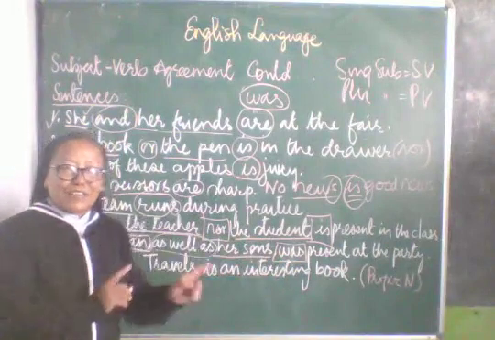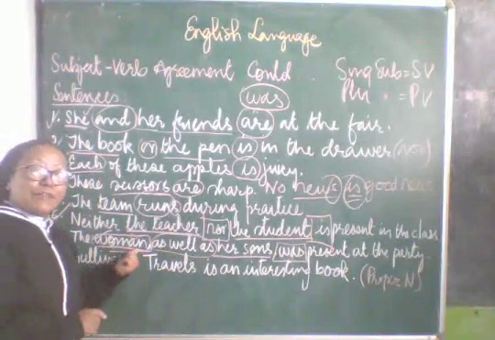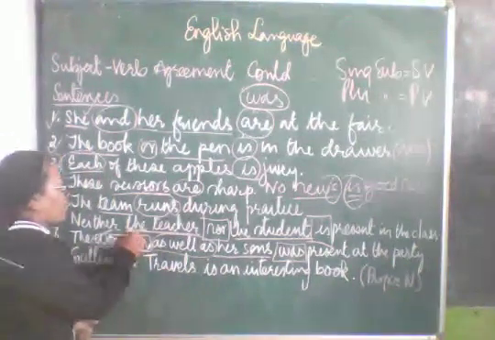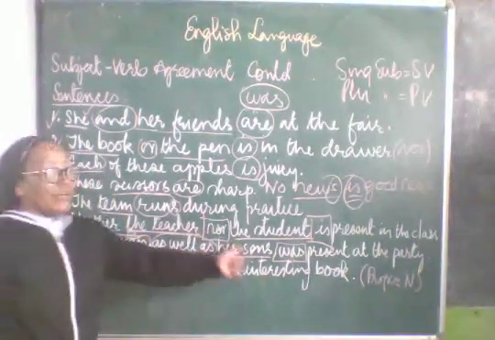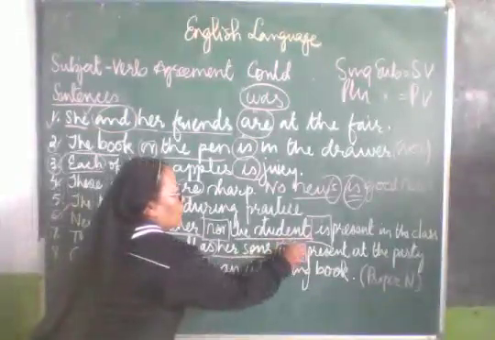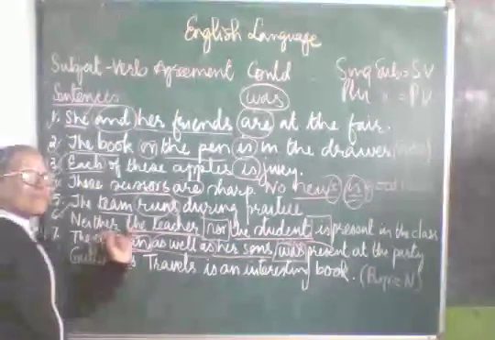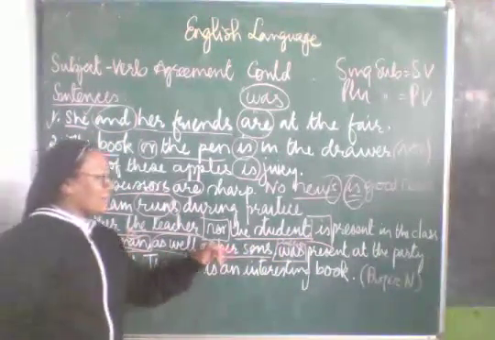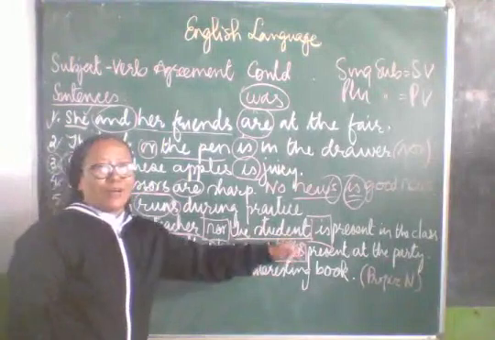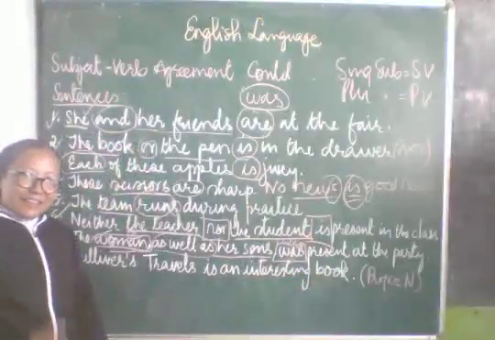Children, please see that only the position matters. If it were a plural subject here, I would be using the plural form "were". Now: The women as well as her sons were present at the party.